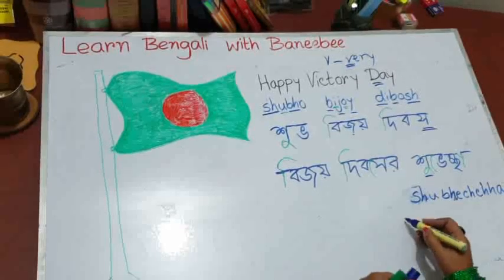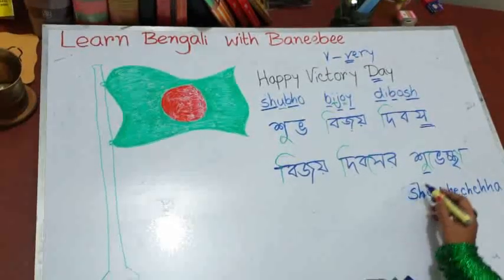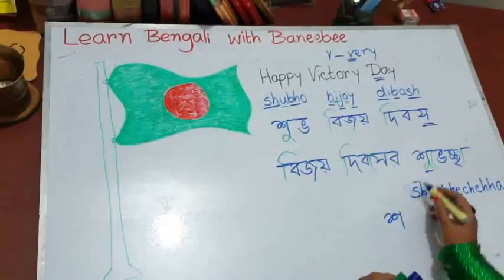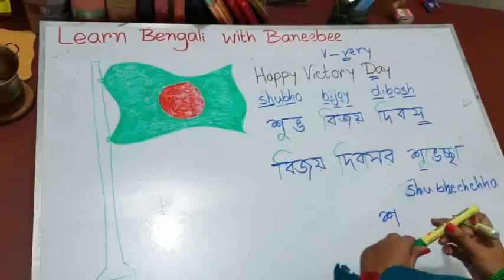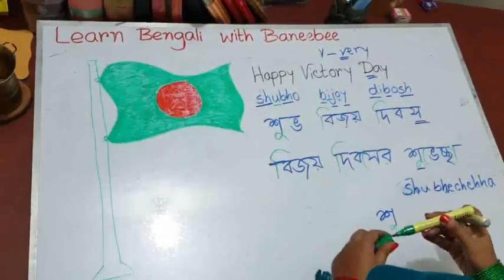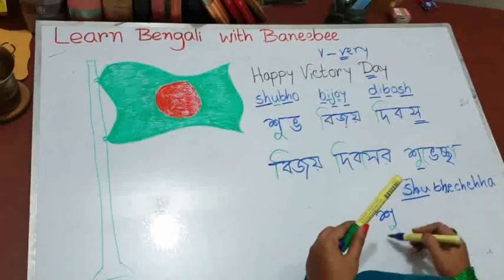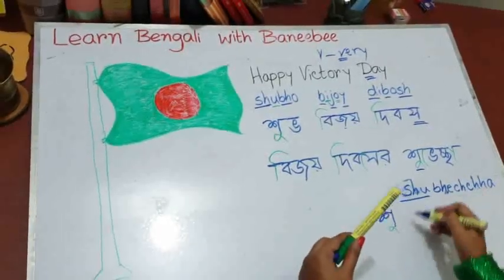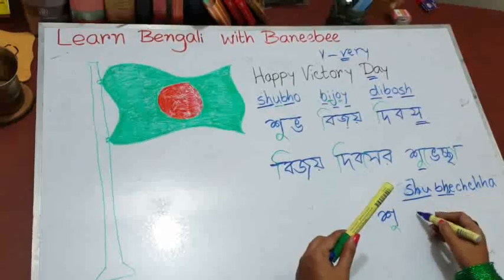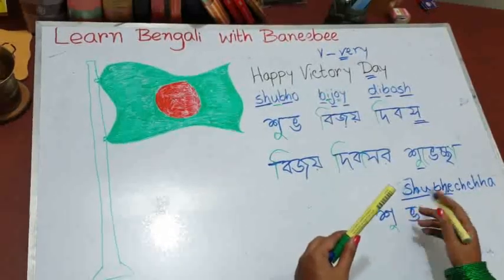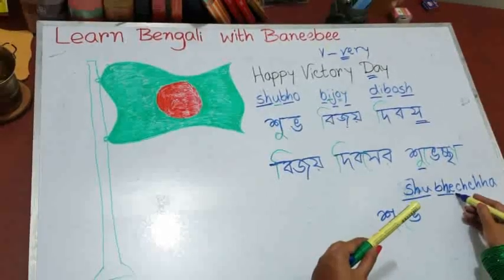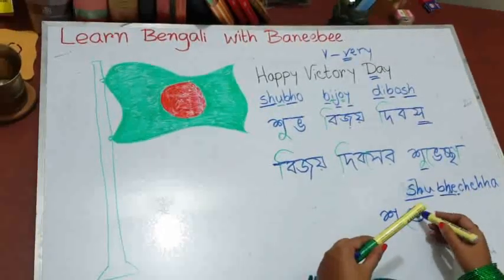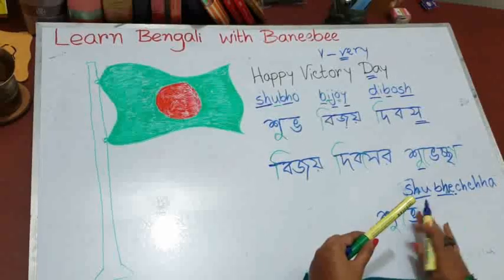Let me explain. So this one is actually sha, and then there is the u, which makes it shu. After that, for this bha, then this helping vowel comes here and it makes it bhe.